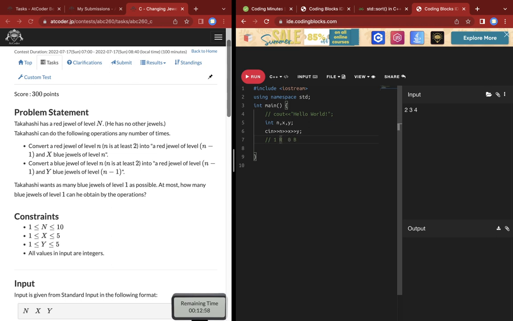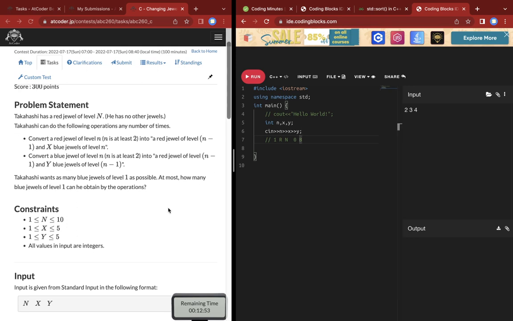And this red is of level N. If he converts a red jewel of level N into a red jewel of N minus 1, so he still has one red of N minus 1, and now he has X blue of level N.